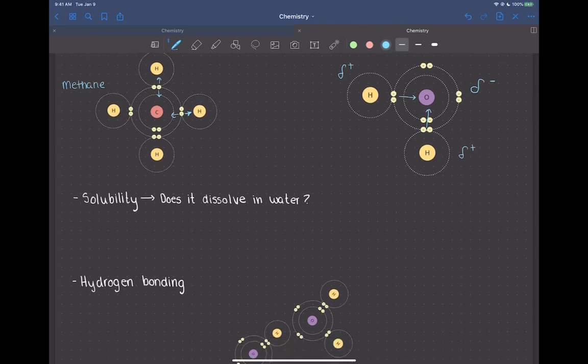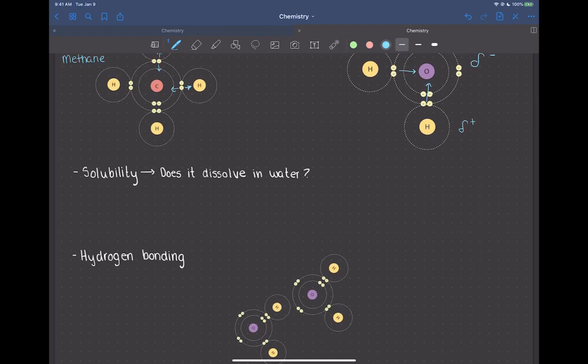That is really important because it determines if something can or cannot be transported in the blood. It has to be able to dissolve in water to be transported in the blood, because the blood is made up mostly of water. Blood plasma is primarily water.